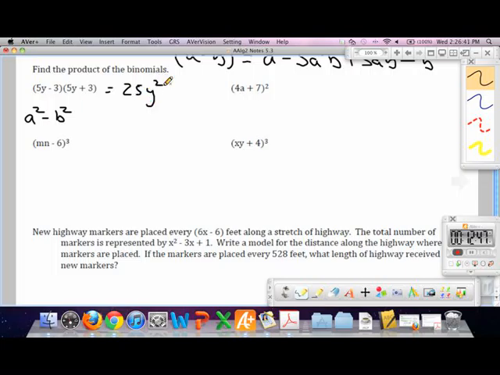For 4a plus 7 squared, we could use the pattern of a squared plus 2ab plus b squared, a being the first thing, b being the second thing.